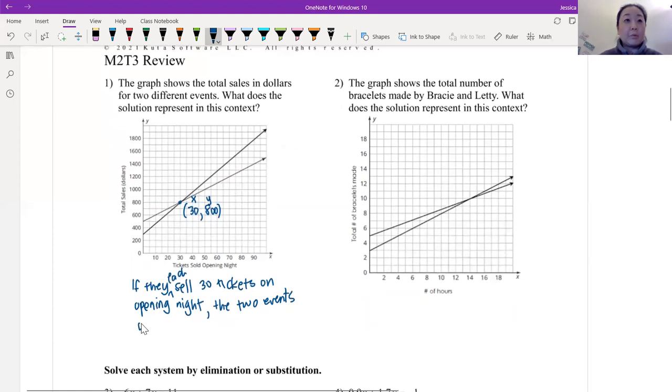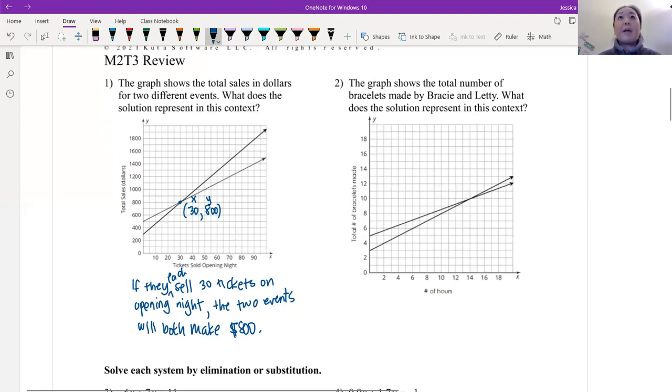Which will both make $800, or maybe have a total sales of $800. Either way you want to write that, but this is what that means, and this is the context that they're talking about. So make sure you're looking at your X-axis labels and your Y-axis labels. That'll be probably the most beneficial.